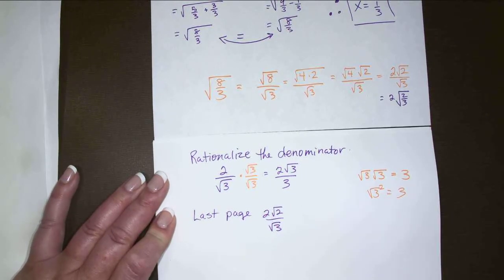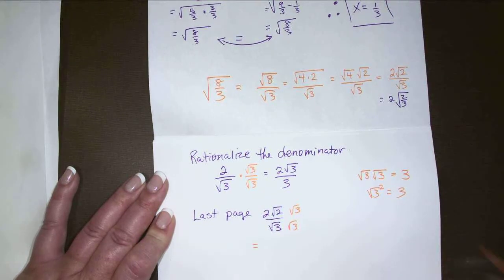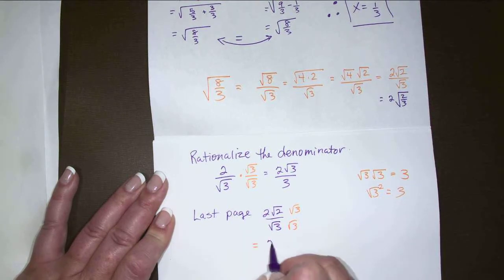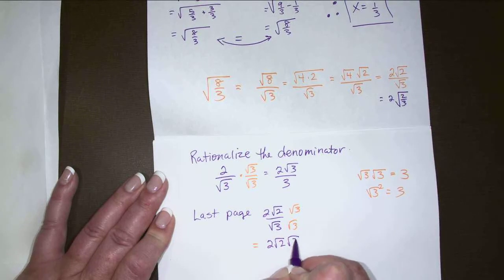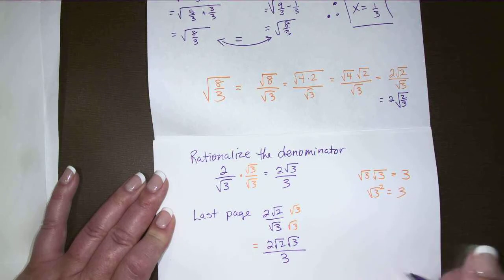Always whatever's on the bottom. So look at the denominator and say, okay, that's a root 3. So we multiply top and bottom by root 3, whatever's on the bottom. Now on top we're going to have 2 root 2 root 3. And on the bottom root 3 times root 3, which is 3. Simplify root 2 times root 3.